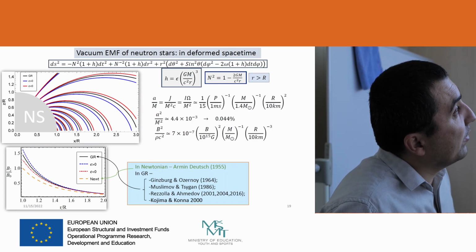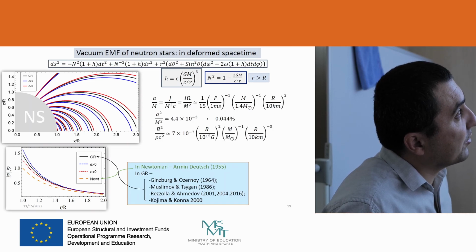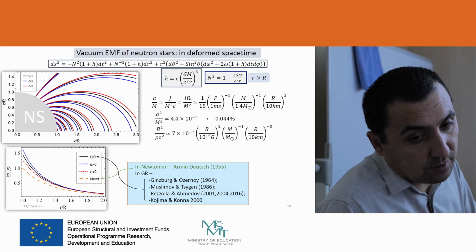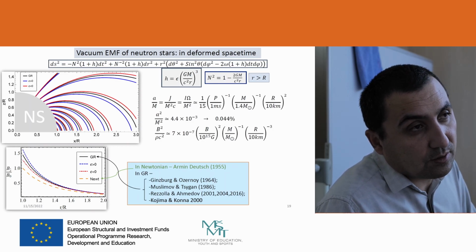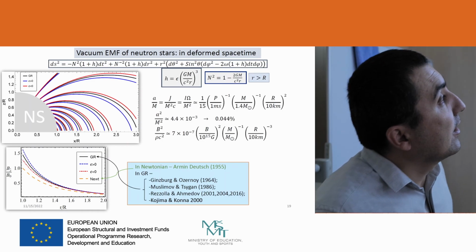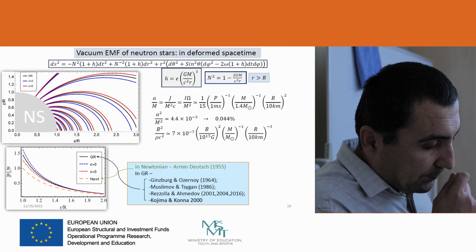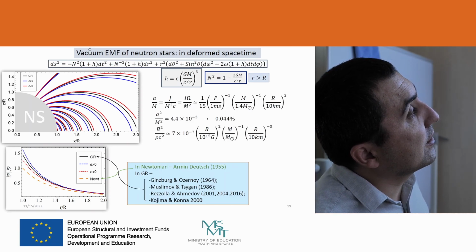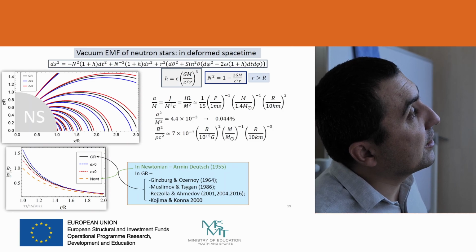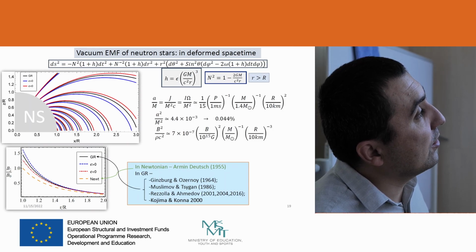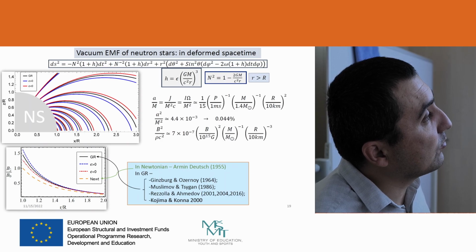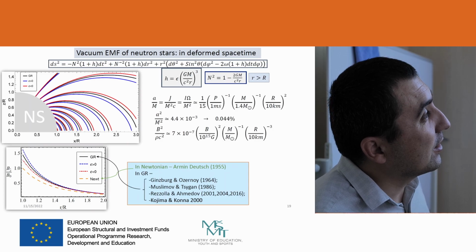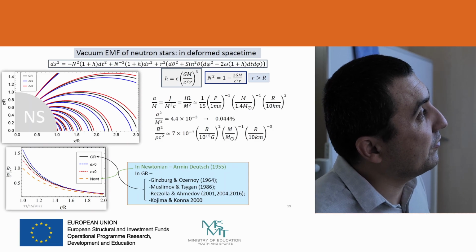These studies have been performed in the slow rotation approximation, because Kerr does not work even for fast rotating millisecond pulsars, because the spin parameter of neutron stars we calculate is very small, and the contribution of the square of the spin parameter is very small, it is 10 to the minus 3. It is the contribution of the spin to the gravitational field.